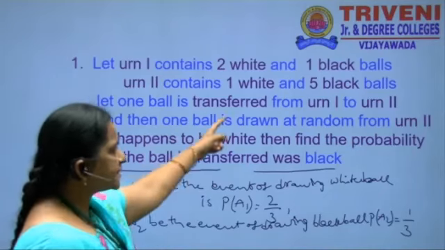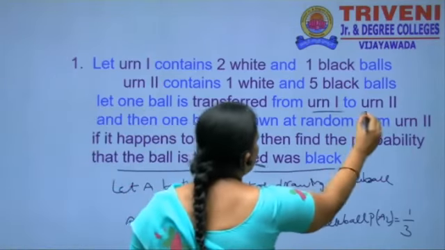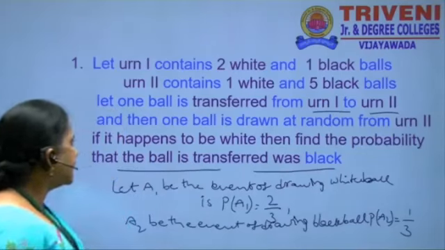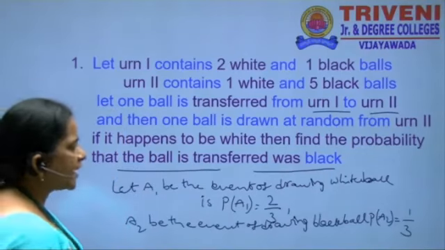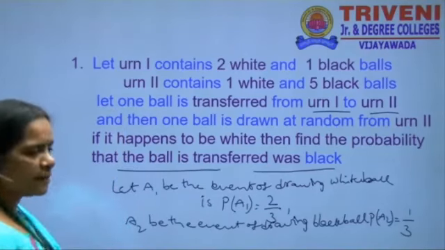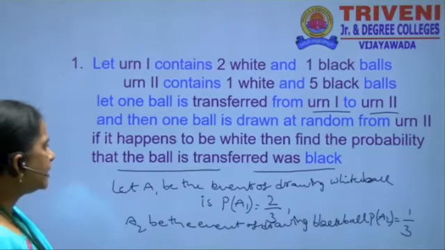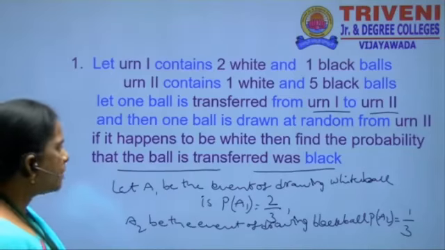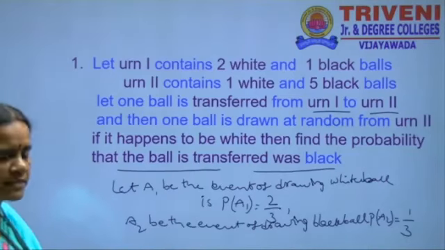Let one ball be transferred from bag 1 to bag 2, and then one ball is drawn at random from bag 2, that is white. If it happens to be white, then what is the probability that the ball transferred was black?